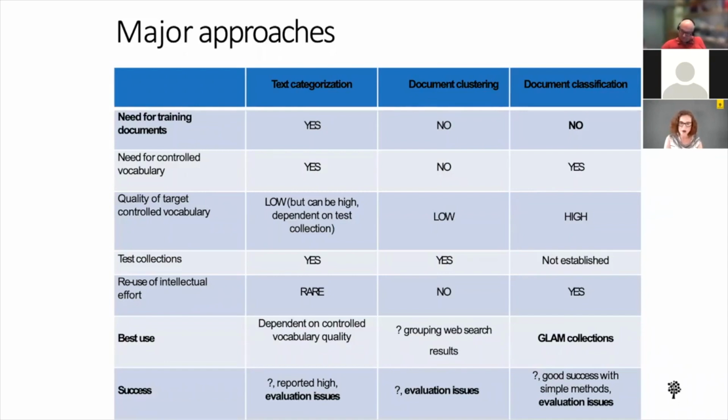So also they usually work with a smaller number of assigned indexing, a smaller number of controlled vocabulary terms, much smaller than is typical in the library, archives, and museums collections. What is common to all of them is that they all suffer from evaluation issues that we'll come back to in a moment, as well as one of the challenges.